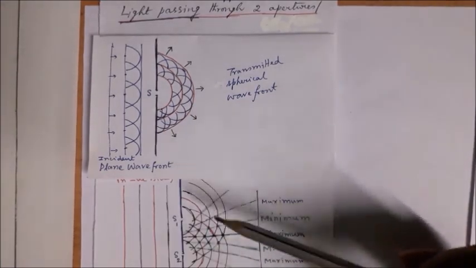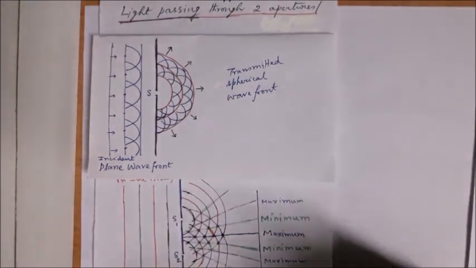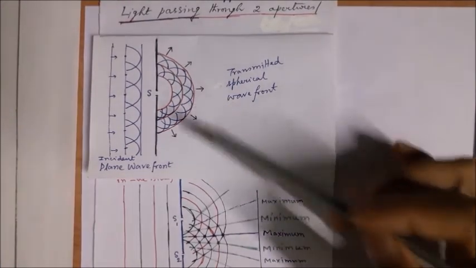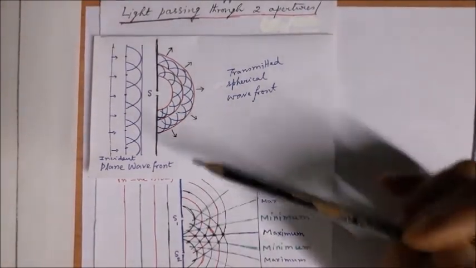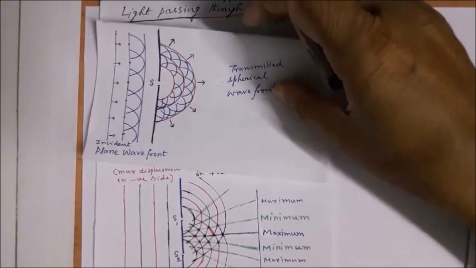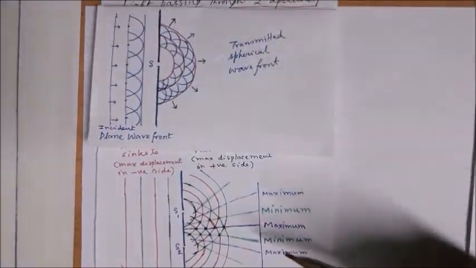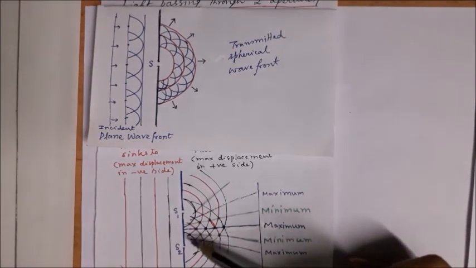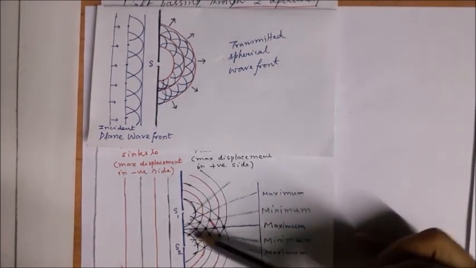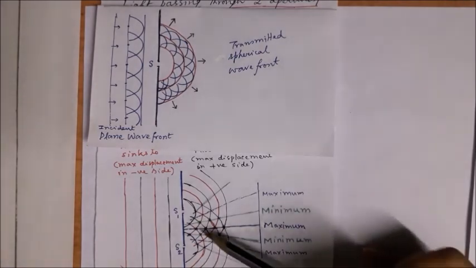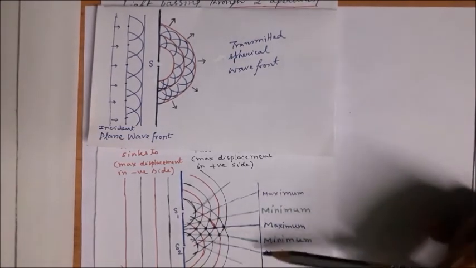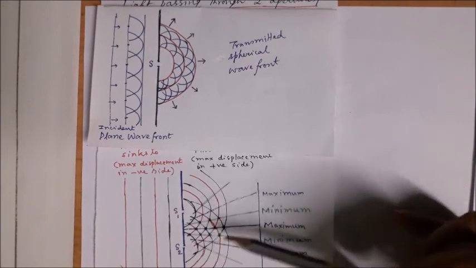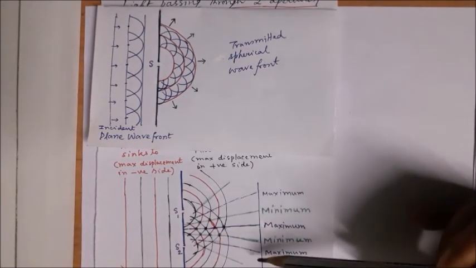Secondly, in both the diagrams, bending of light is very evident, and this phenomenon is called diffraction. And thirdly, if we look at this figure, we find that there are two sets of waves, one emerging from S1, the other emerging from S2. From this description, it follows that they superpose, and superposition might give an intensity variation.